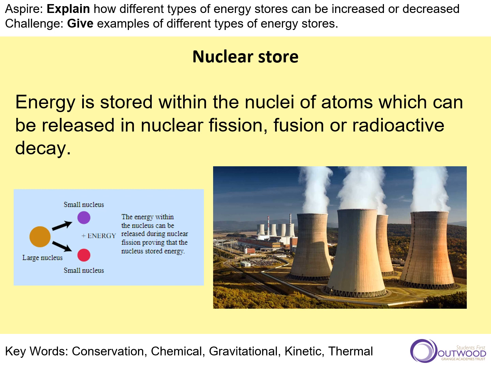The next one is the nuclear store. This one's quite a simple one in that energy is released within the nuclei of atoms, which can be released under various processes. Nuclear fission, which is generally what you get in nuclear power plants, particularly uranium-235, which undergoes fission.